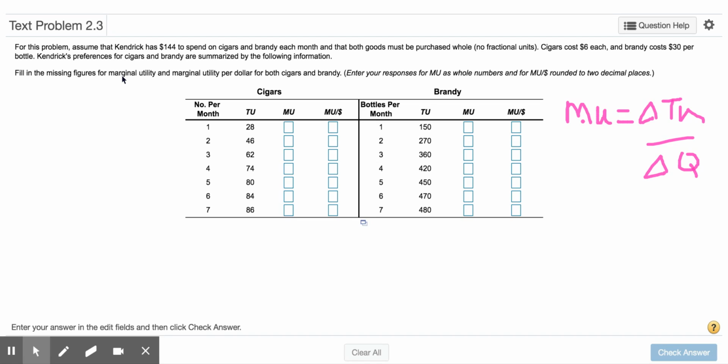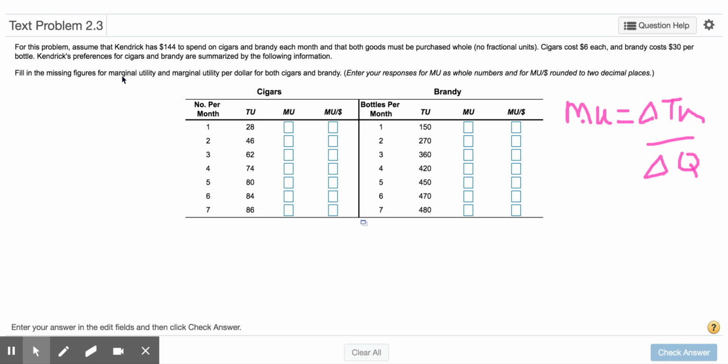Calculate the rest: it's going to be 46 minus 28 divided by 2 minus 1. That's 18. We do the same for all other levels of output.